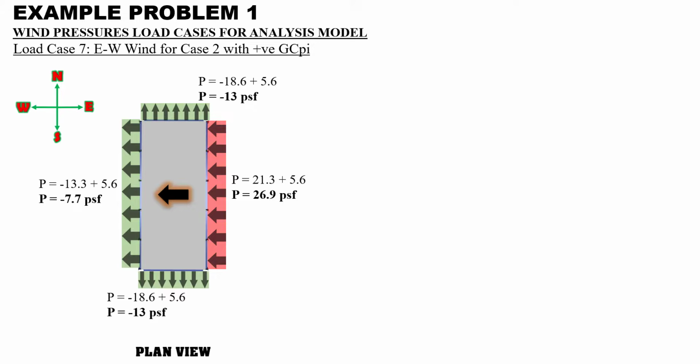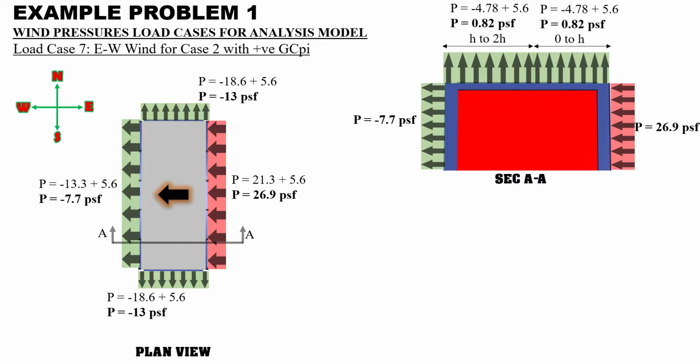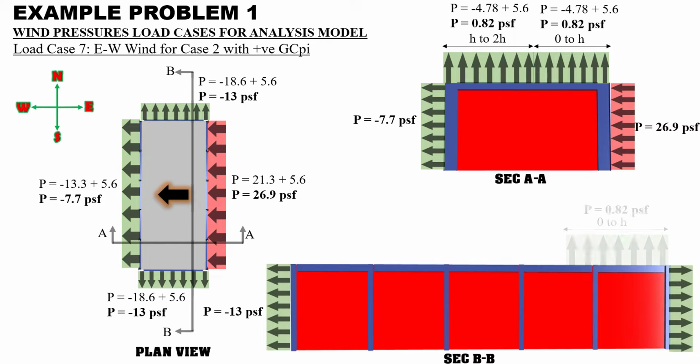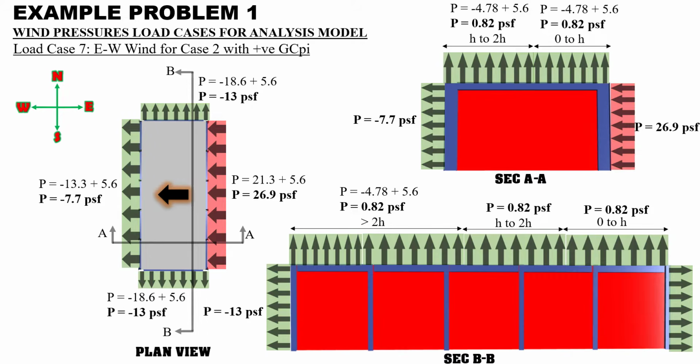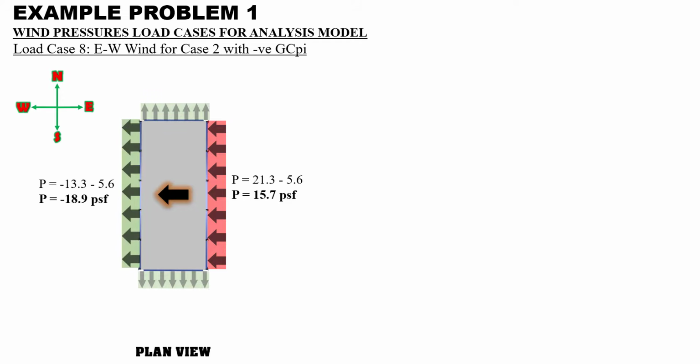There is no difference in the windward, leeward and side walls, same as load case 5, but here is the difference in the roof pressures. Likewise in section B. Now load case 8 with the negative GCPI.